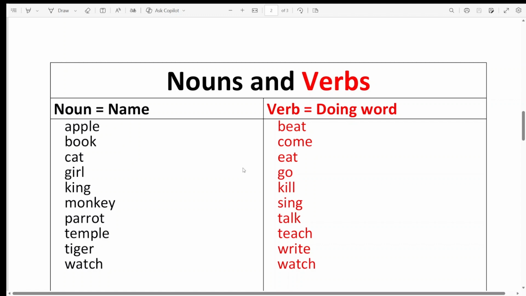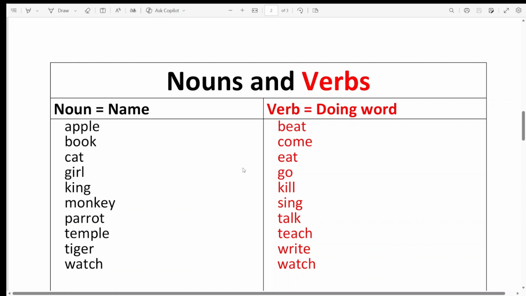So here, simply talking, not in detail, we can call nouns named. Means a noun is a name, we can say. Like apple. Apple is the name of a fruit. Book, the name of a thing. Cat, the name of an animal.